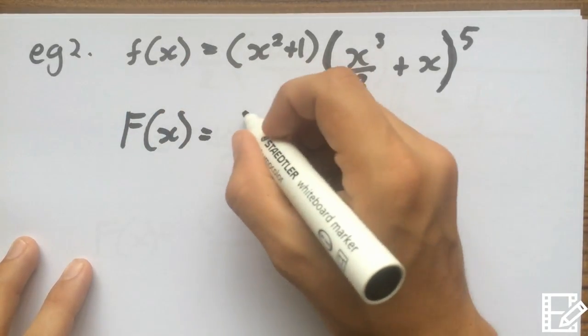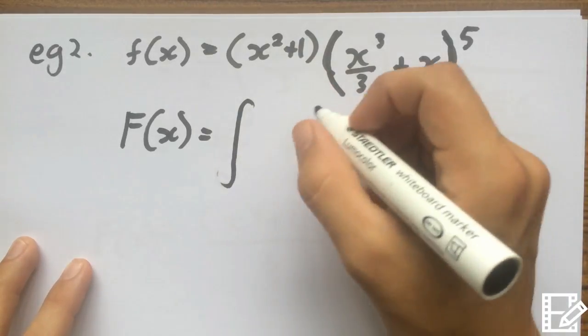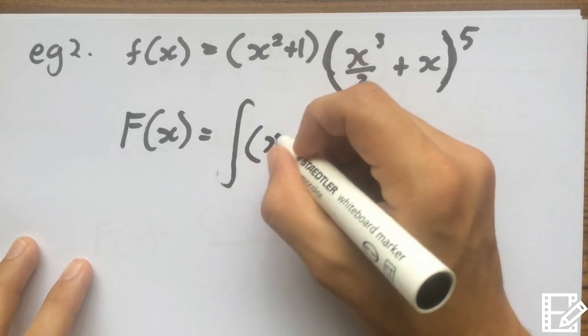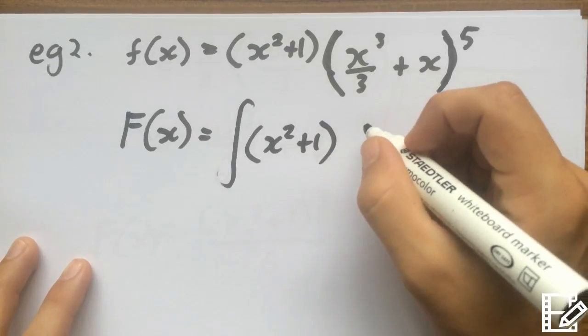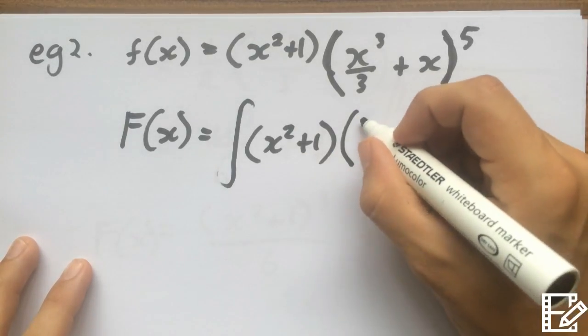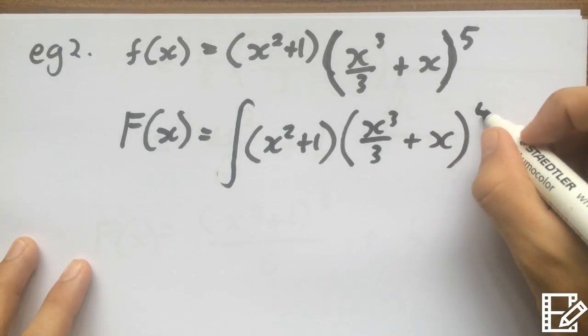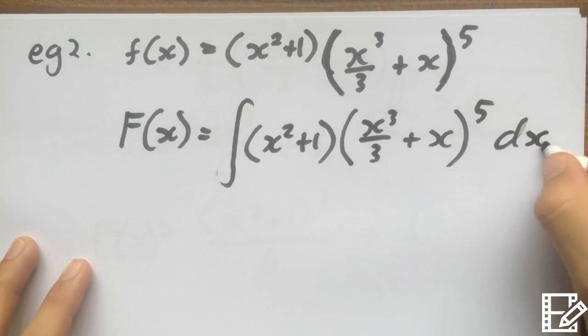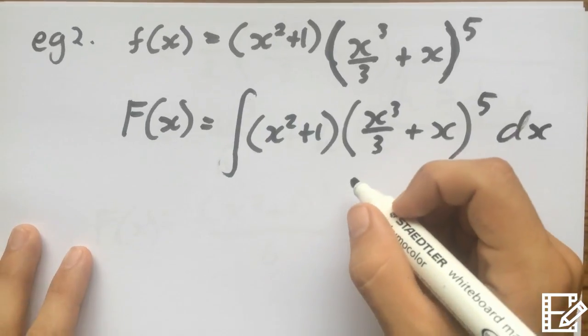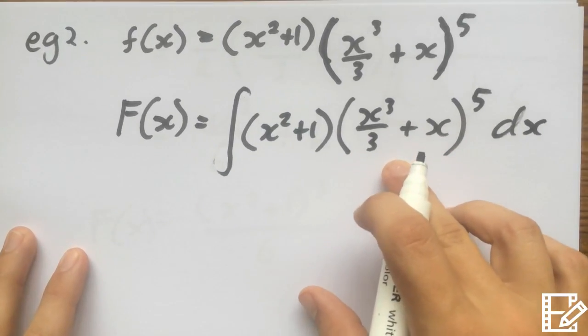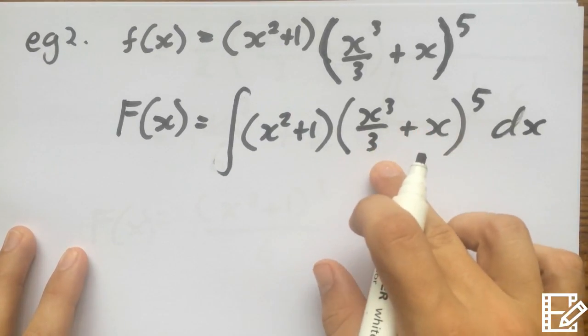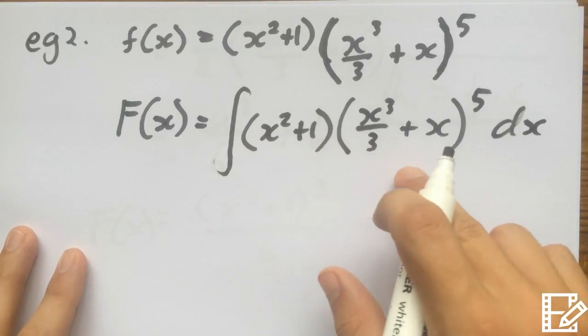Capital F, integral of x squared plus 1, another bracket, x to the power of 3 over 3 plus x, bracket to the power of 5, dx. Just like before, because I said that this, if you were to derive it, looks similar to this, I'm going to make this u.